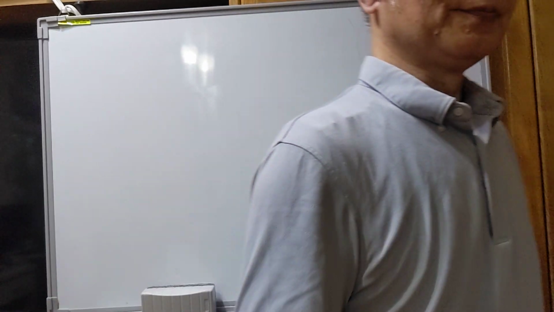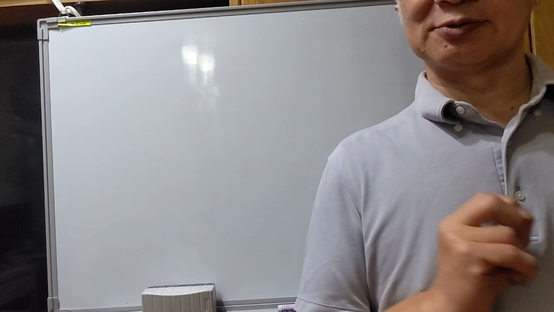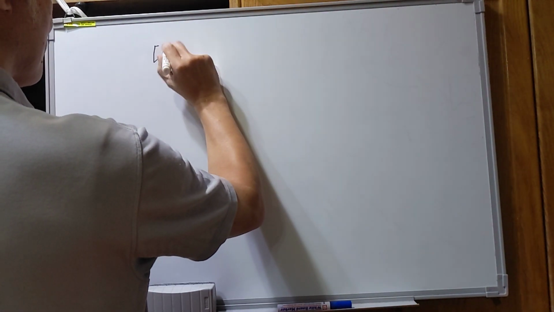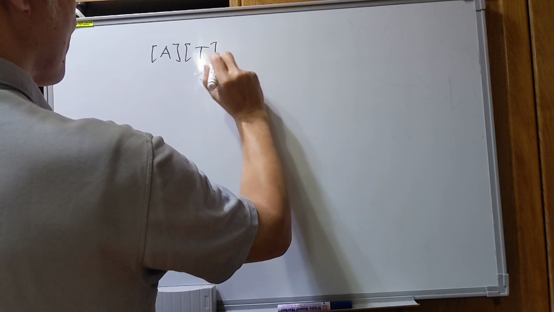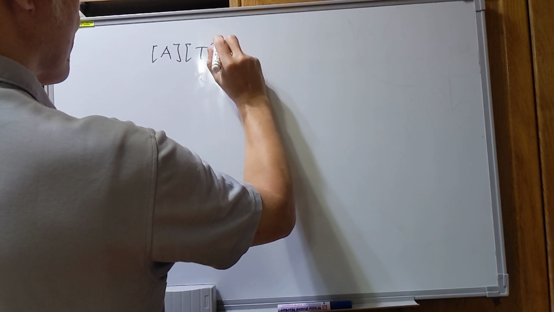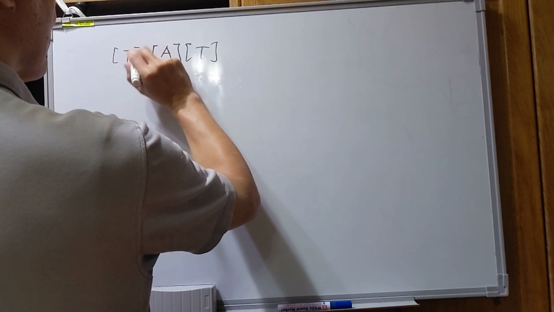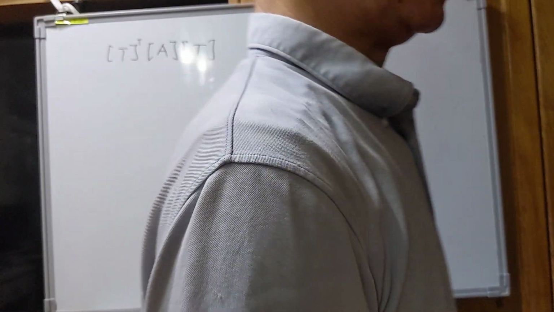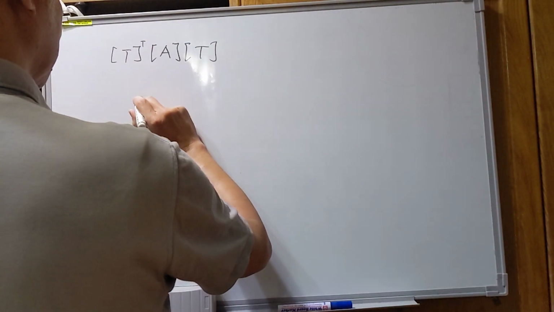If we found the off-diagonal element with the maximum absolute value, then what can we do? We will try to multiply a T matrix.